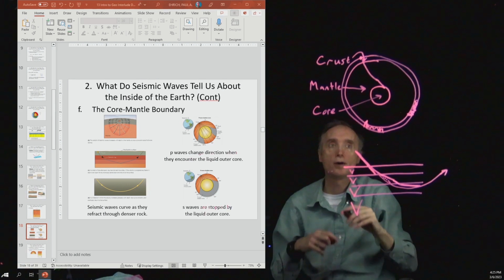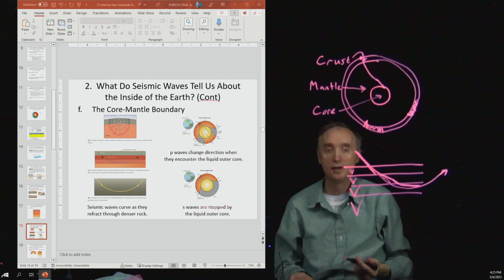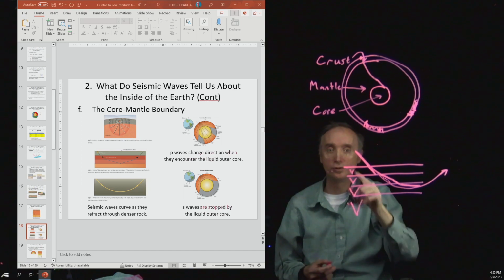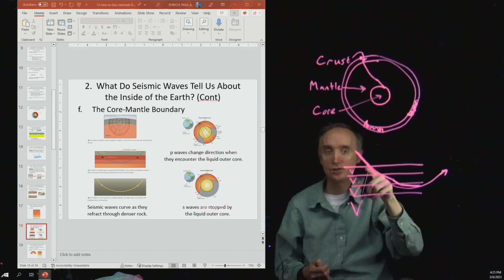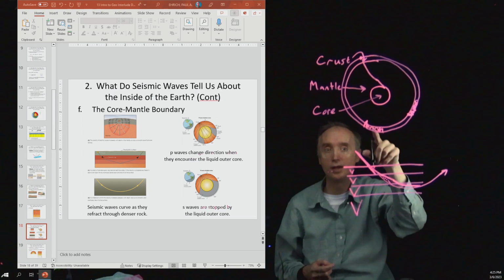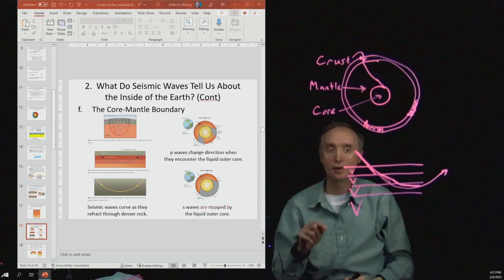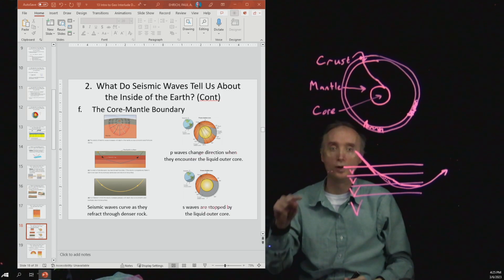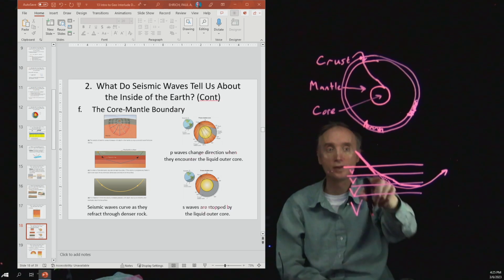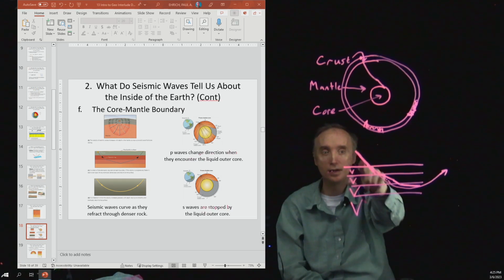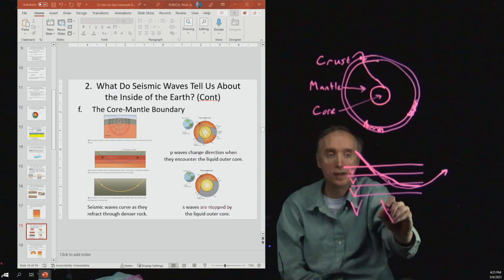So now let's talk about what the P waves can do. The P waves can go through a liquid, but you'll notice in the picture that they changed direction when they went into the liquid. Now notice they slowed down. So the P waves slowed down when they went into the liquid. In this picture they were speeding up, so they always would bend in this direction.